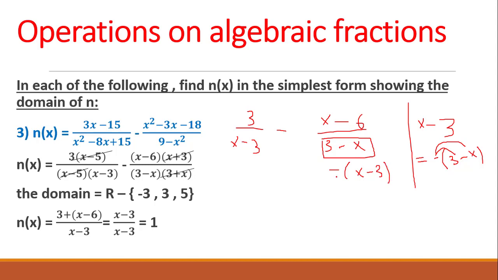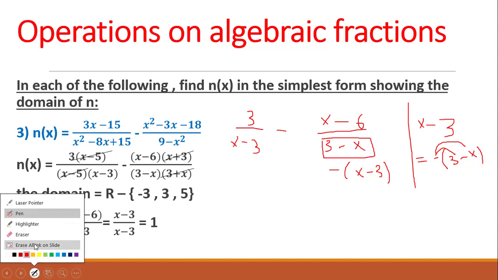Okay, then this is a negative sign. Negative multiplied by negative is positive. For that reason, we have 3 plus x minus 6. Okay, I just wanted to clarify this point.